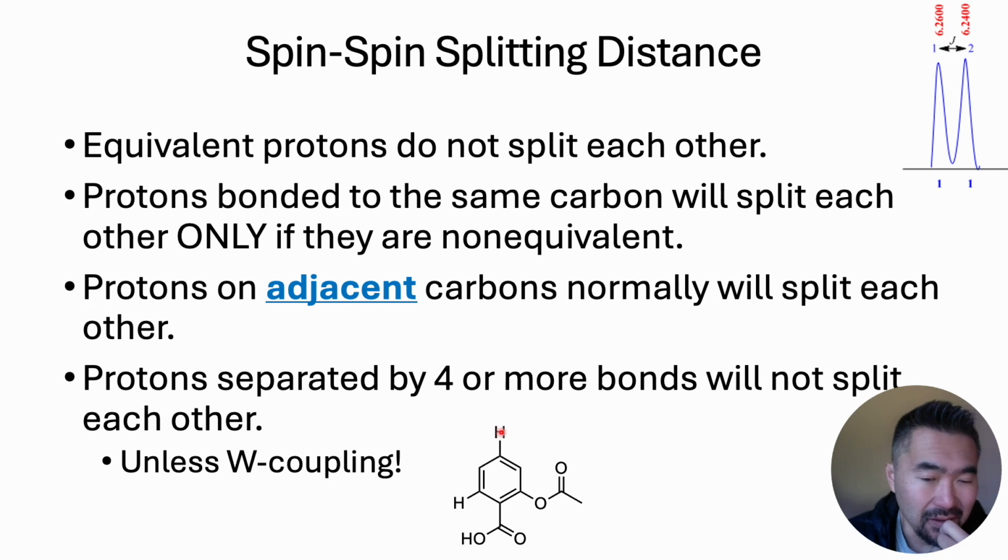Typically on a benzene ring, what that means is these two protons make a W shape, that they're actually 1, 2, 3, 4 bonds away, but that's an exception when they can still have a really tiny splitting, or we call that coupling. When two things are coupled, we say that they split each other by a really tiny bit, but the typical splitting is when two protons are next to each other, like this proton and that proton are adjacent to each other, which by the way, this is an aspirin molecule.